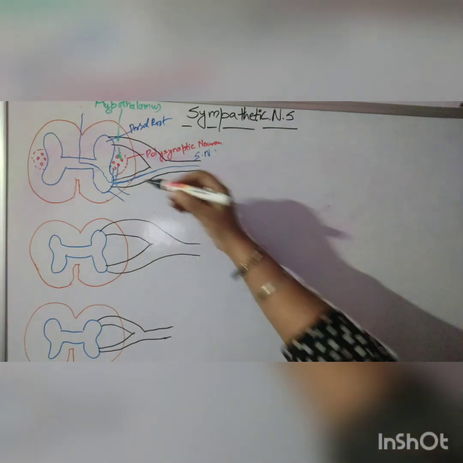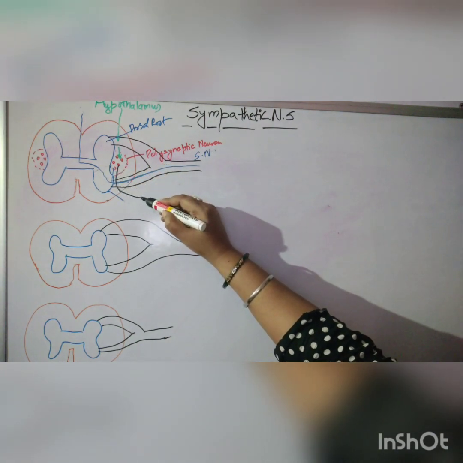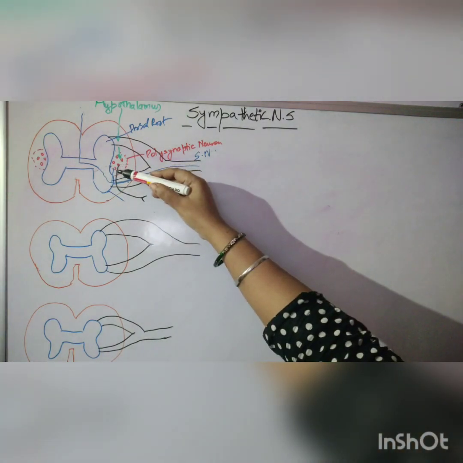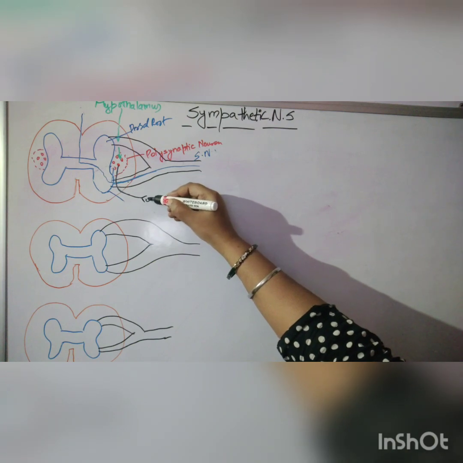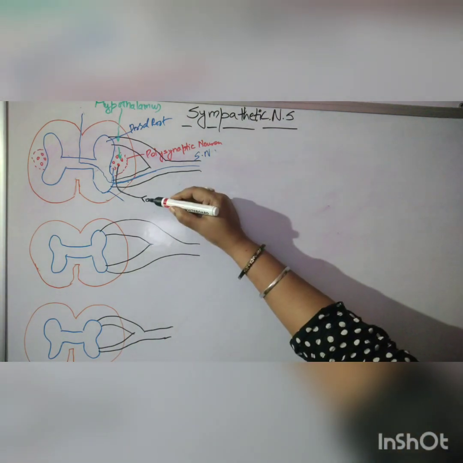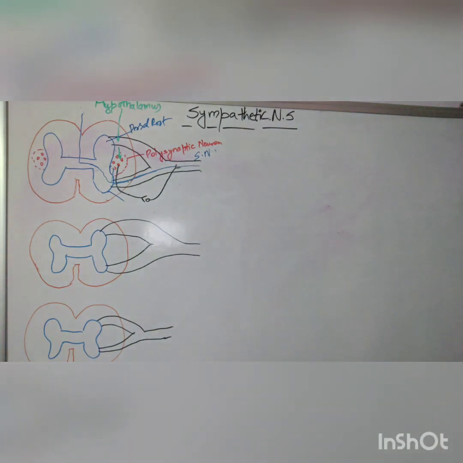Some of the messages I'm drawing, some of the messages will go outside and terminate here. This neuron will go like this, its axonal part will terminate here, and another neuron carries that message and ends here. This will come into the spinal nerve.